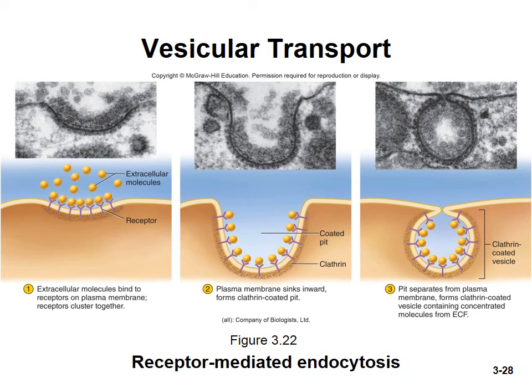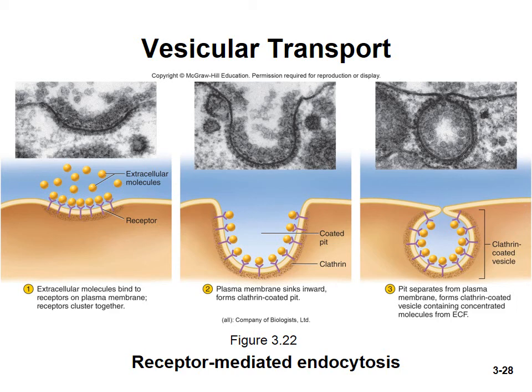These are the little tiny molecules that have to bind to these receptors on the membrane. Once they bind to that membrane, it's called an invagination, and you have to have this coated pit that's going to form. And this is clathrin right here. Clathrin is needed to kind of hold these receptors in place.